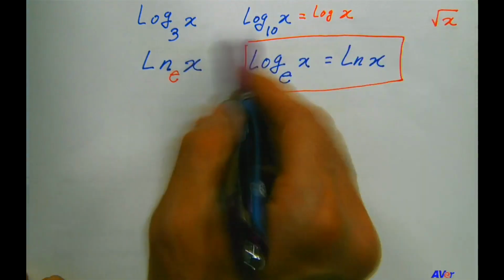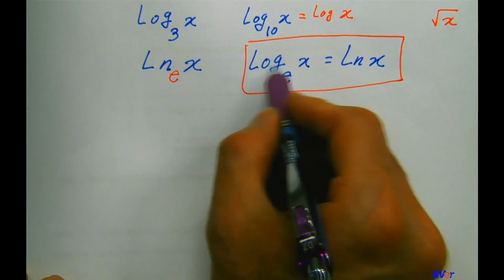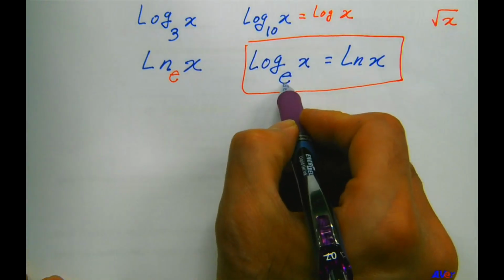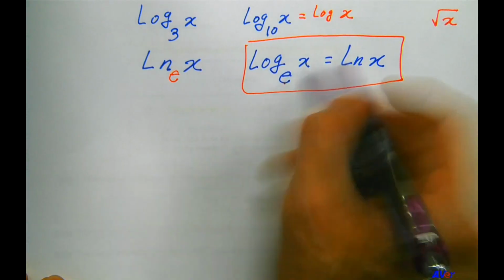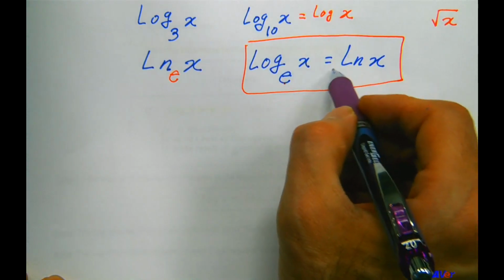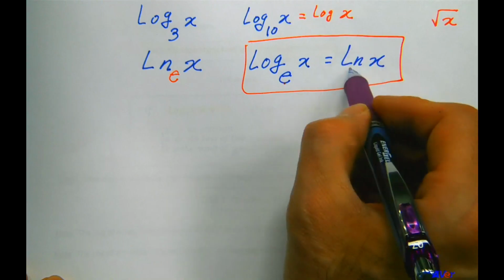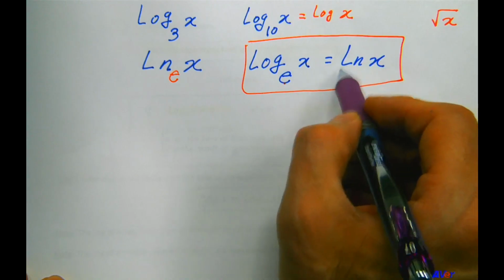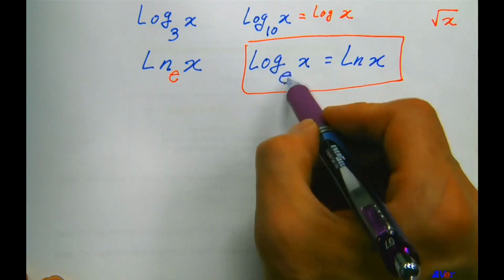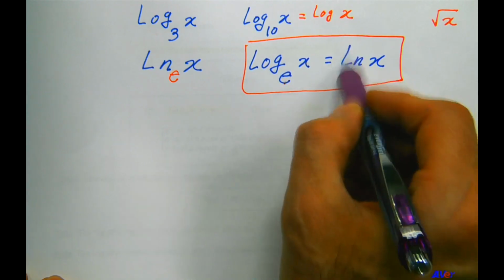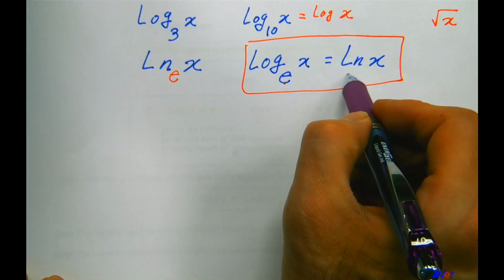Also, if that log function has base e, then it's such an important function that it has its own form or notation in mathematics. We call it natural log of x. So if the log has base e, it is natural log of x.